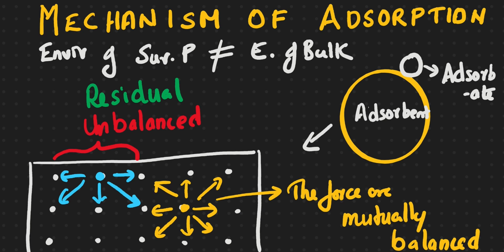The environment of the bulk particle and the surface particle are different. So the surface particle has an unbalanced force or residual force. Due to these forces, the adsorbent is responsible for attracting the adsorbate particles onto the surface.